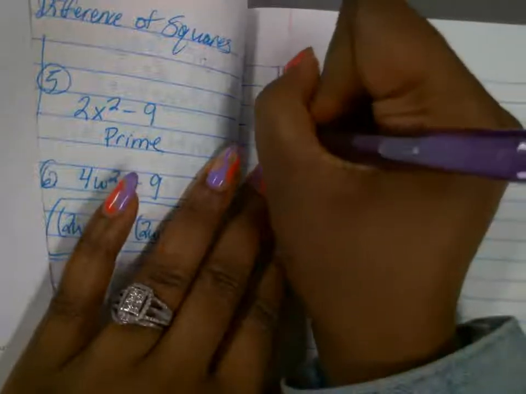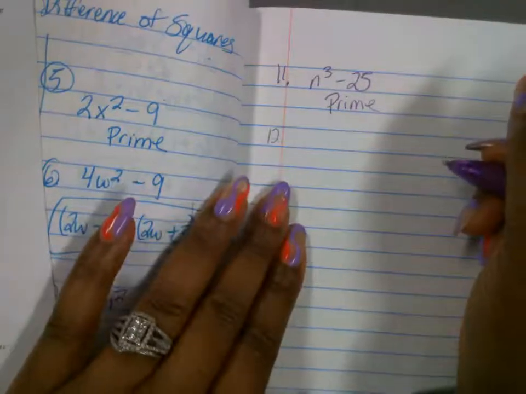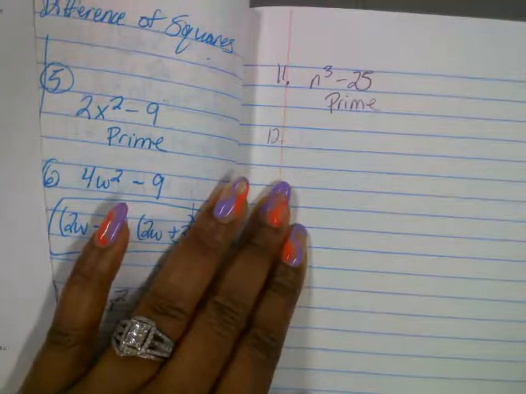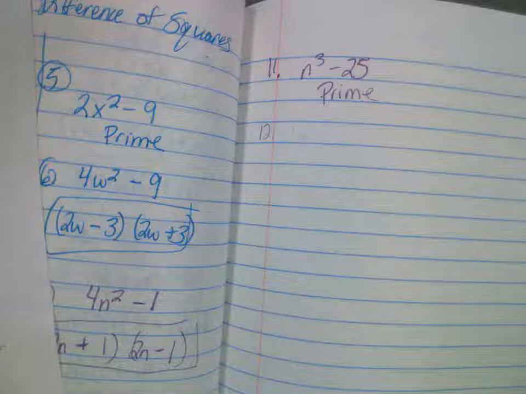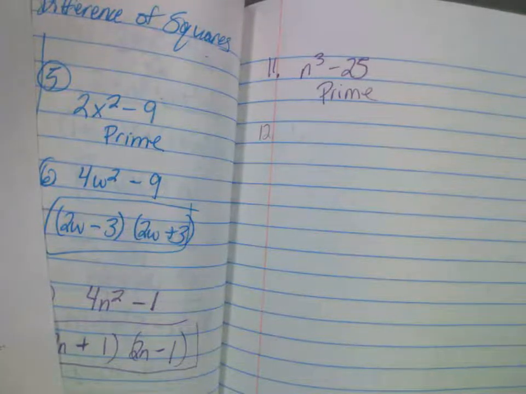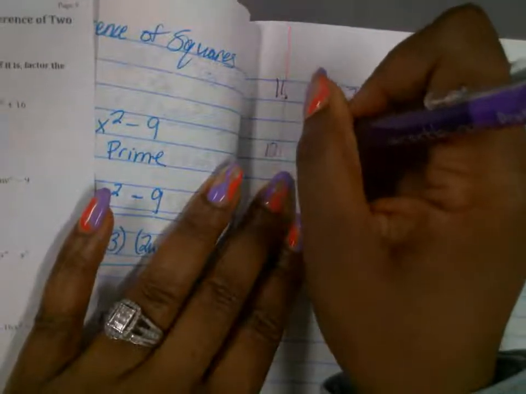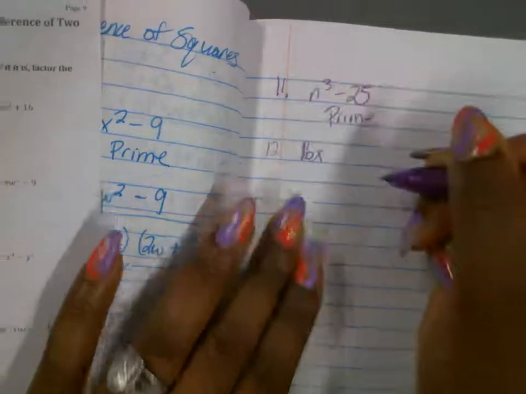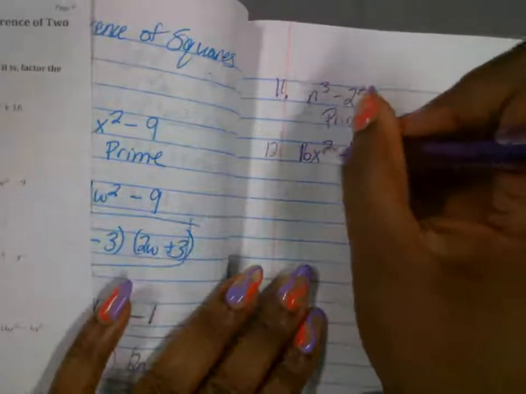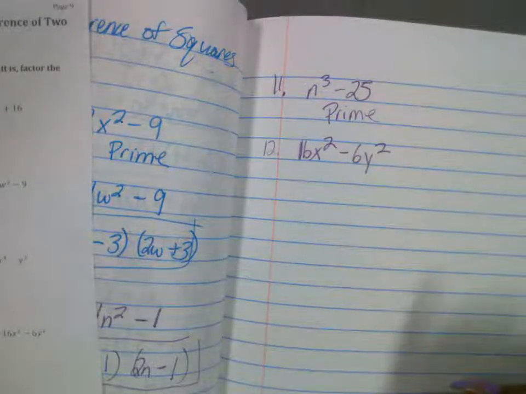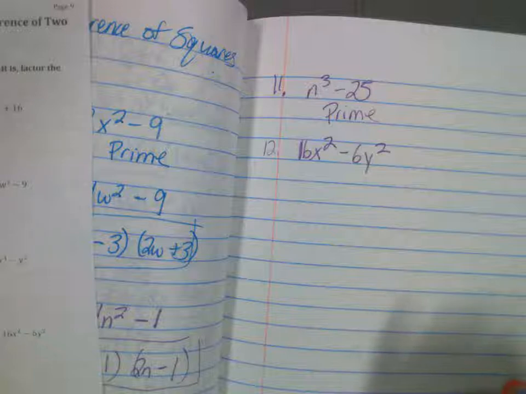Number 12. We have 16x squared minus... Okay, so look at this, we can take out a GCF here.